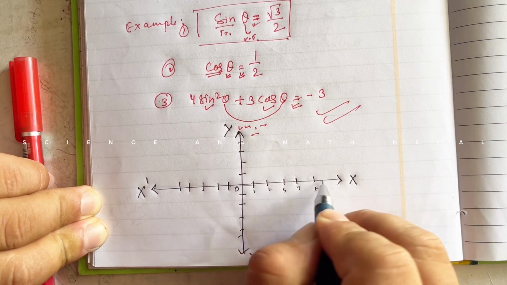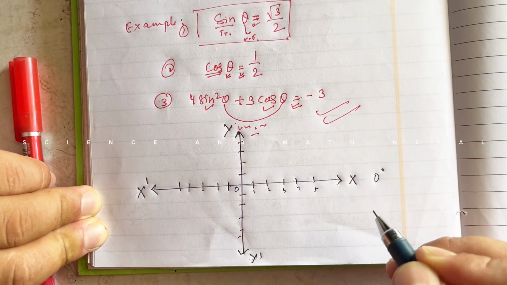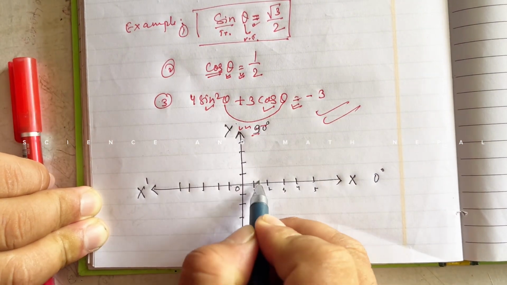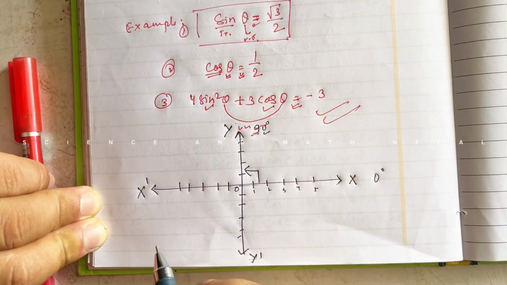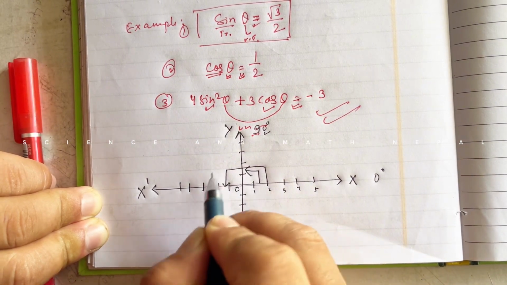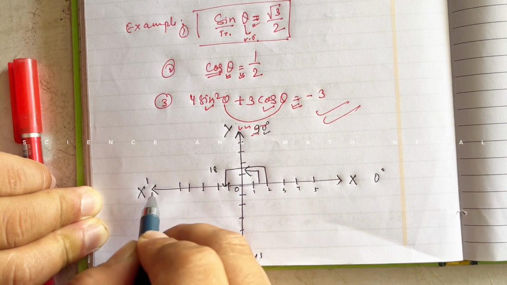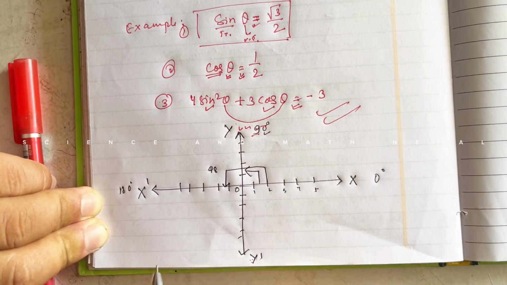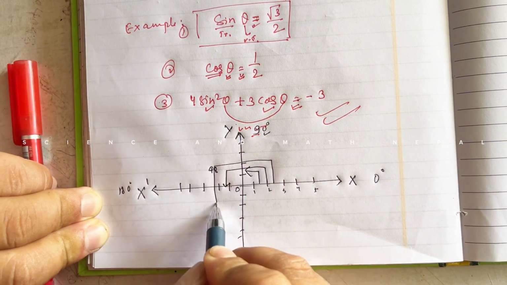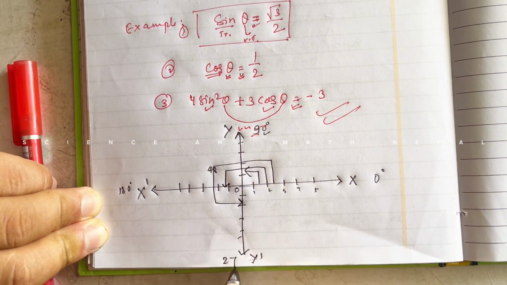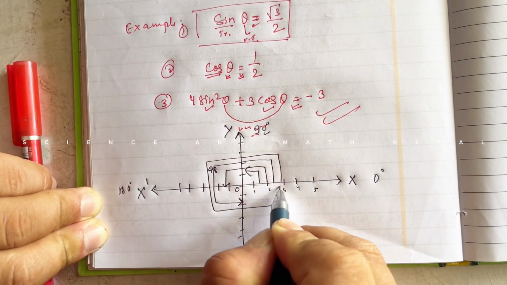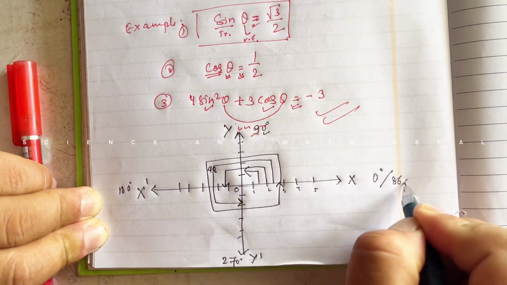If we suppose this x-axis is at 0 degree, then the y-axis denotes 90 degree. From x to y it is 90 degree, and from x to x dash it is 180 degree. So this line denotes 180 degree. In the same way, from x to negative y it is 270 degree, and from x to x a complete rotation makes it 360 degree.